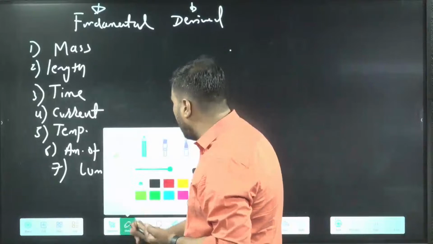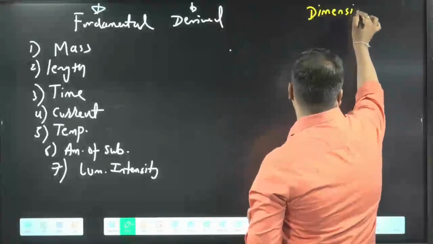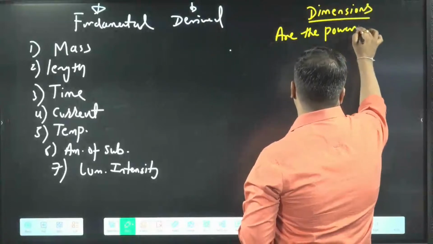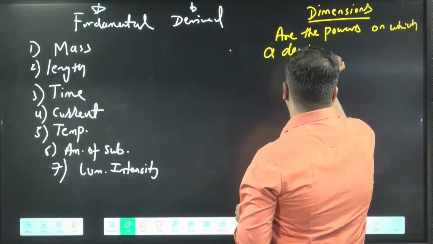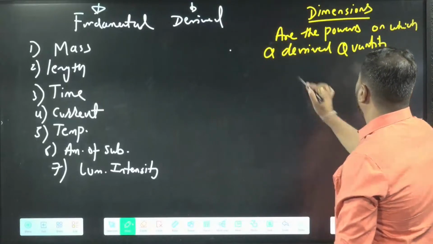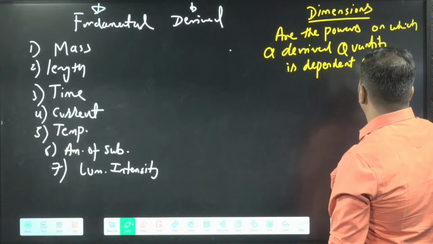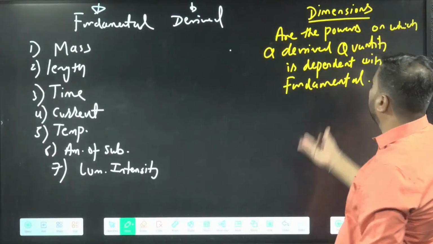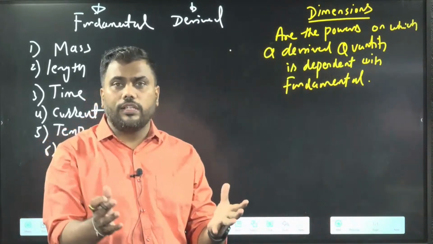Write down: dimensions are the powers of fundamental physical quantities on which a derived physical quantity is dependent.